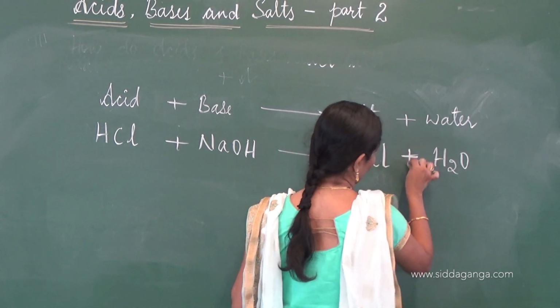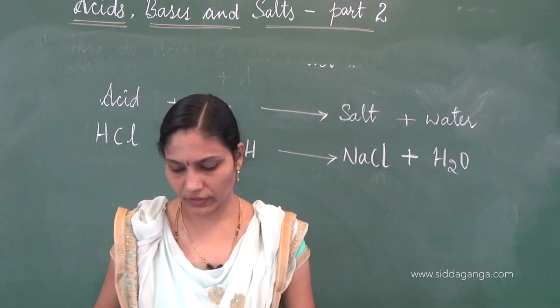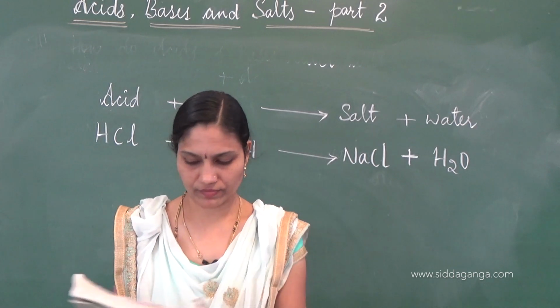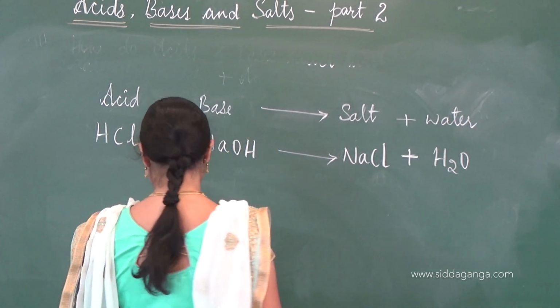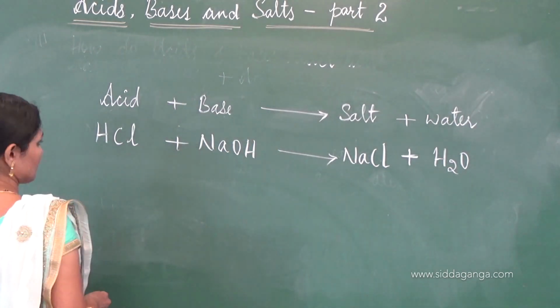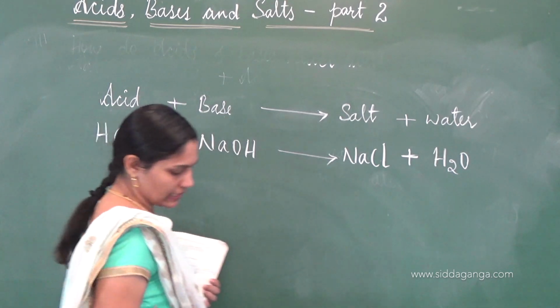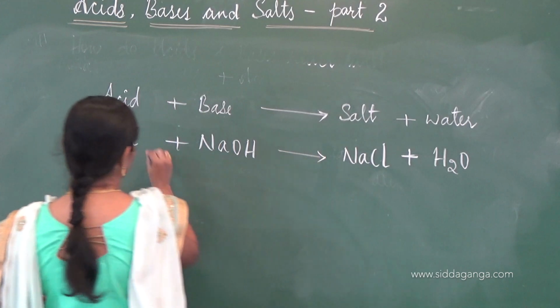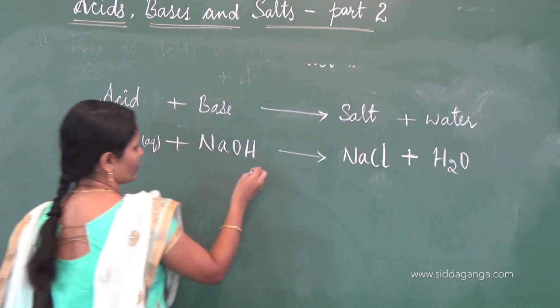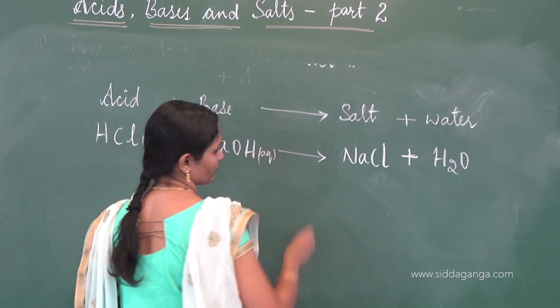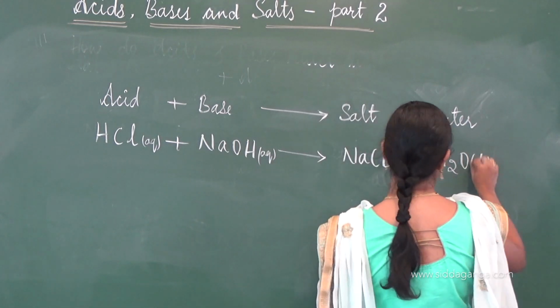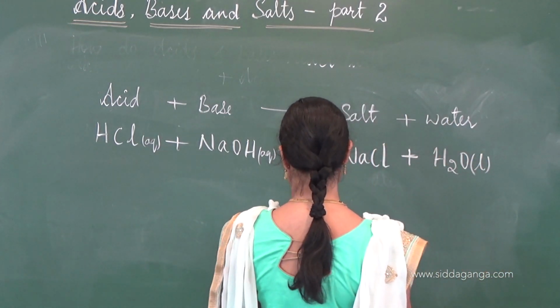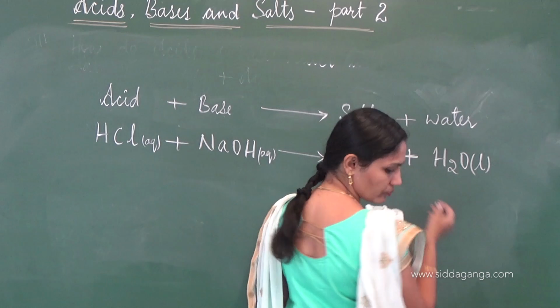Sodium chloride salt is what will be formed, NaCl plus H2O. Let's try to mention the states. Aqueous, NaOH was also aqueous in nature, and the water liquid, whereas NaCl is aqueous.